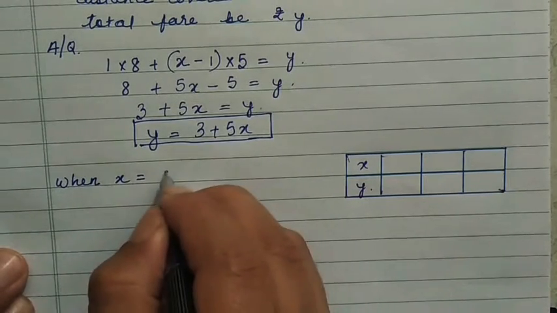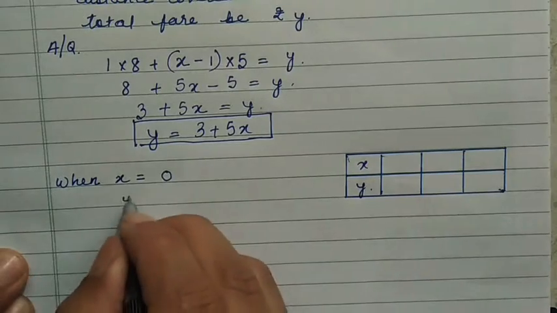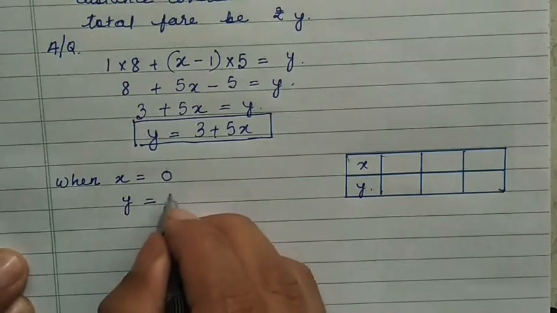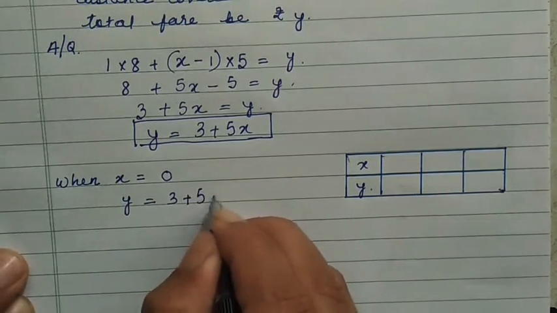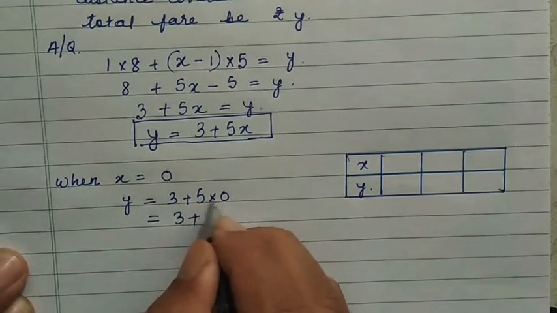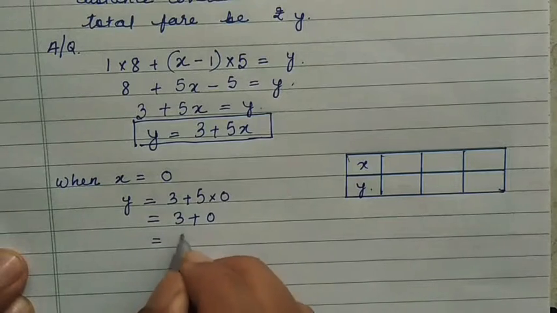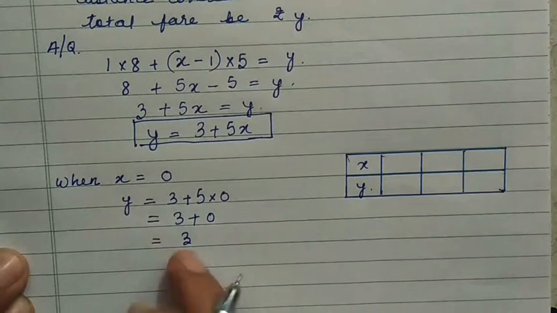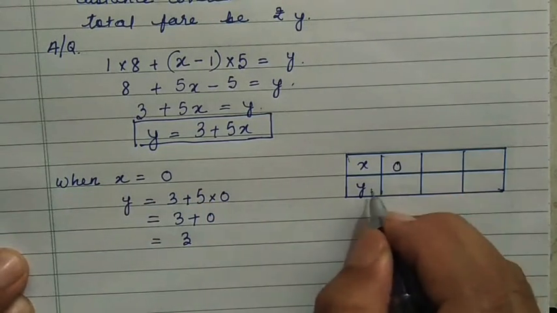When x is equal to 0, y becomes 3 plus 5x, which means 5 into x is 0. So it becomes 3 plus 5 into 0, which is 0. So we get 3 plus 0 is 3. When x is 0, y is 3.